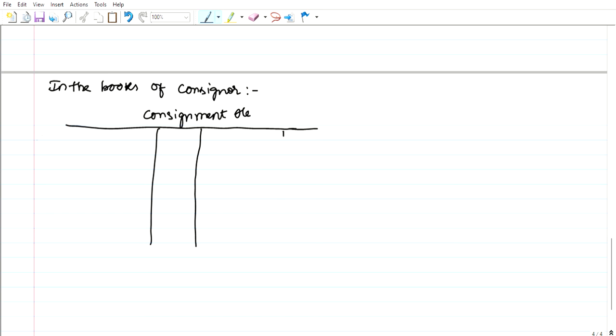And what are the two accounts remaining? This is the consignment account which we prepare in the books of consignor, and the consignee account.